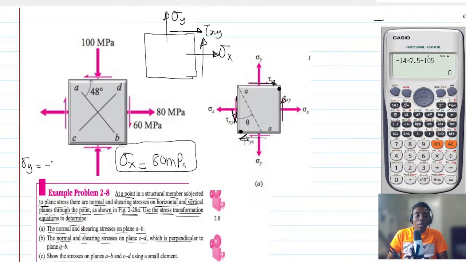So the y will also be minus 100 megapascal. Any question up to this point, please?